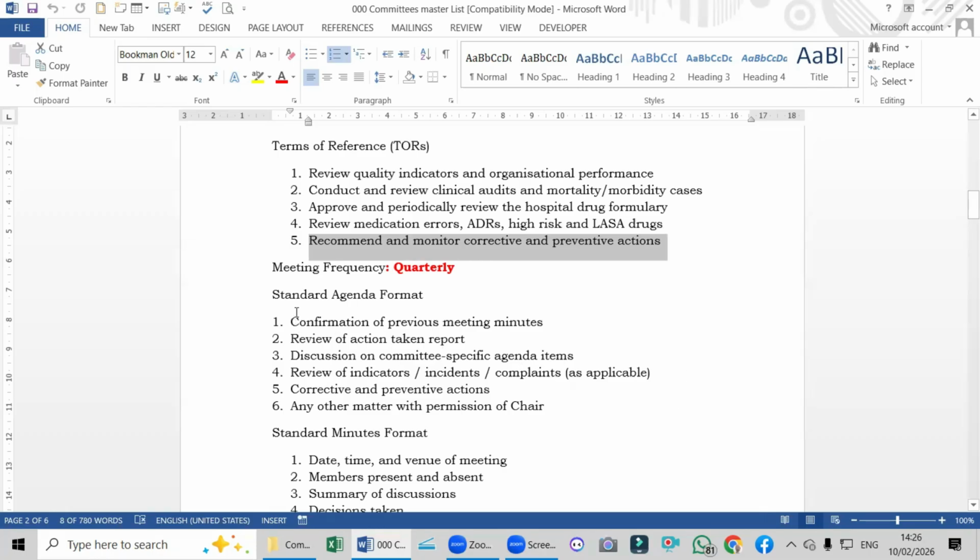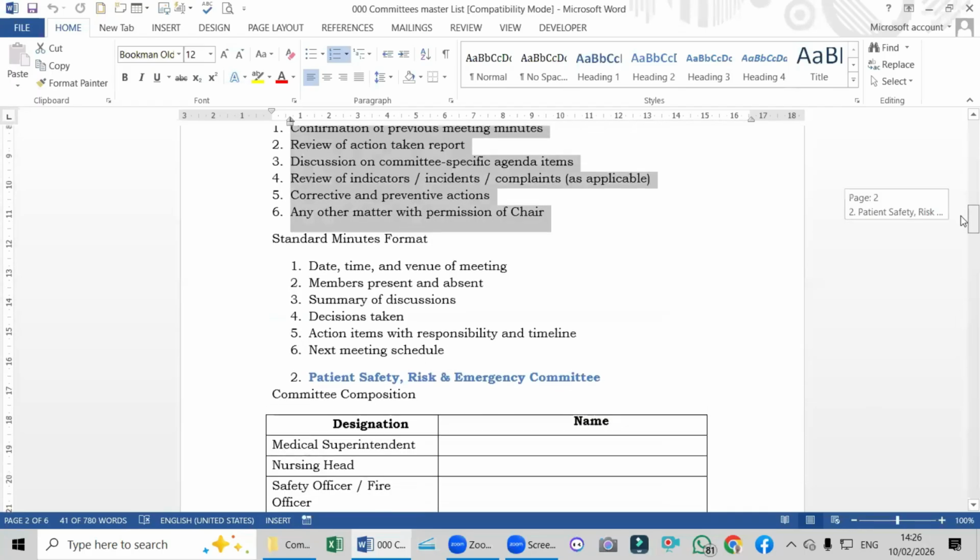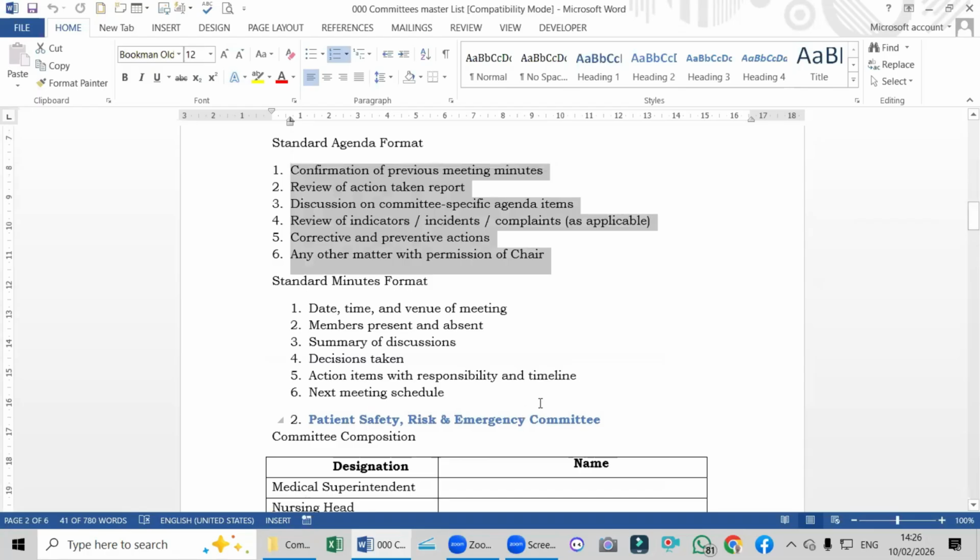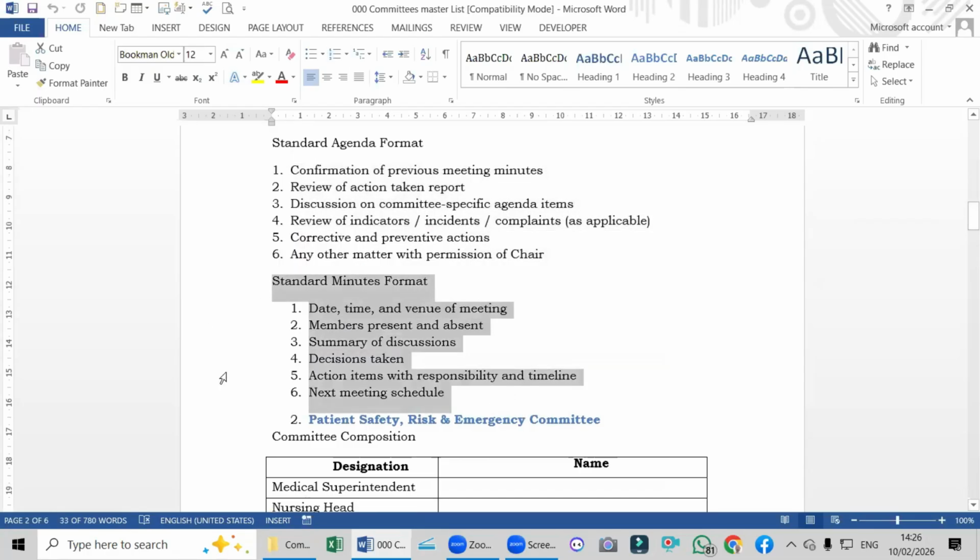The frequency of meeting will be quarterly. When there is a meeting, this is the agenda. You have to circulate the agenda to the members first, and after the meeting is over, you have to make minutes of the meeting. This is how minutes of meetings are made. I am also giving you a draft wherein you fill in the gaps.